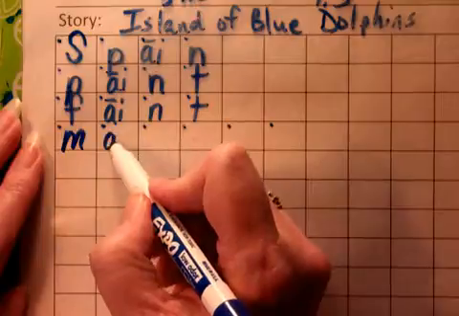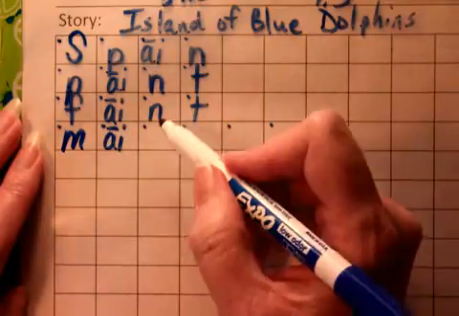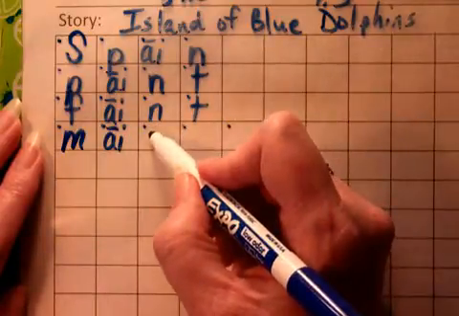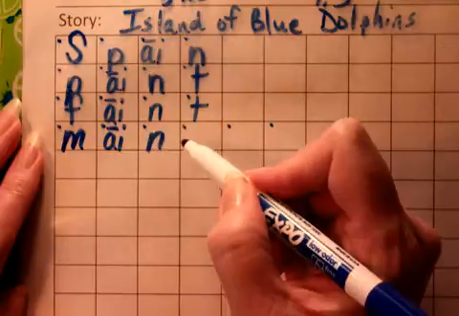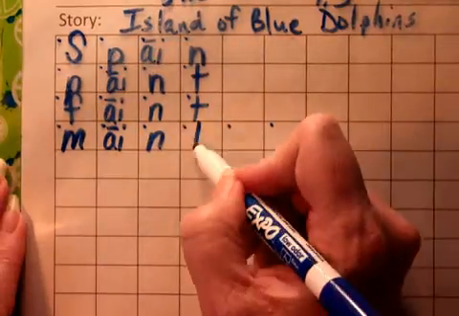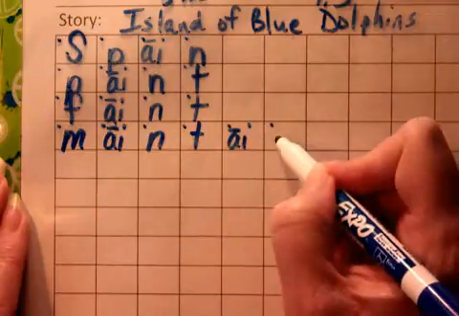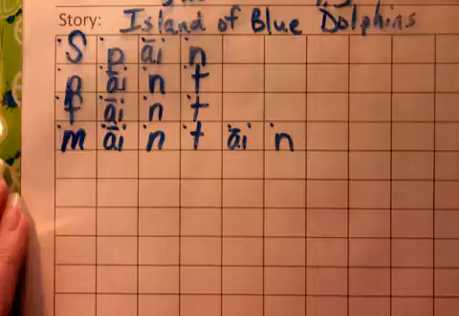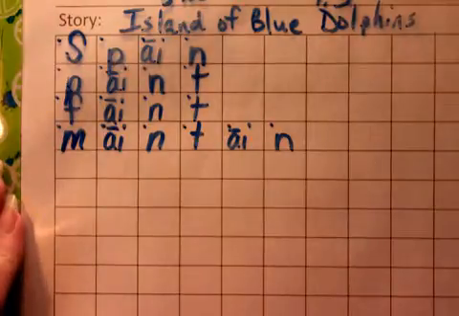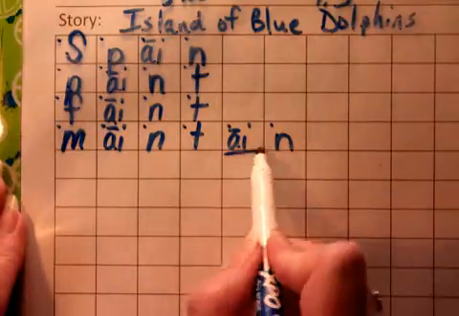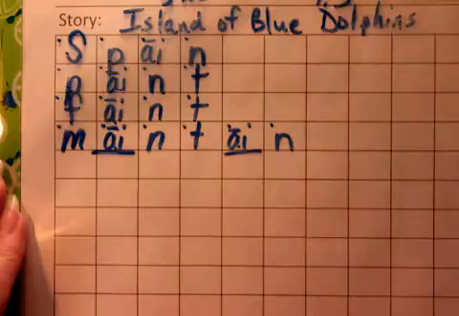A, A-I in the middle of the base word. N, my tongue is up, my lips are open. A in the middle of the base word. N. Maintain. Two vowel sounds, two syllables.